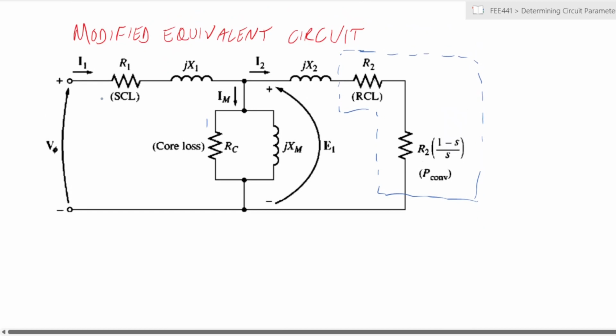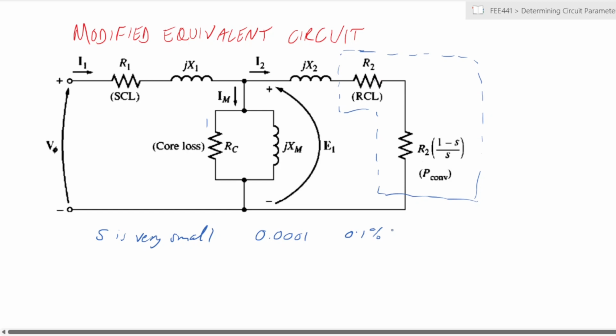That means that slip, the difference between mechanical speed and synchronous speed, is very, very small. We can take it to be a value of 0.001, that is, 0.1% as the value of the slip.